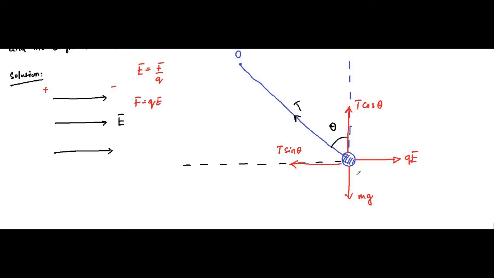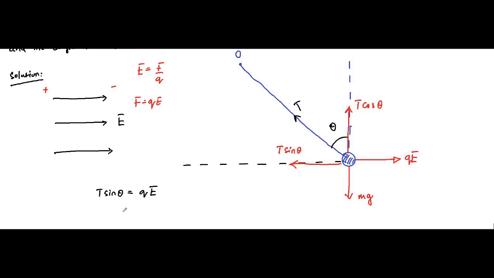So there are a lot of forces acting: the downward gravity force, the electric force because of the electric field, and the tension force. We have to balance them out. In the equilibrium position, the net force in the horizontal direction, T sin theta, balances the electric force QE because it is at rest. It means the net force on it is 0 in the horizontal direction.